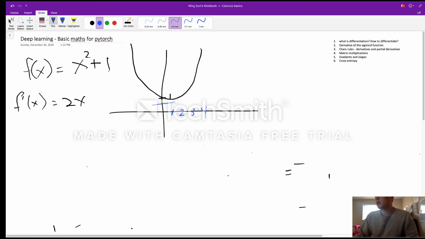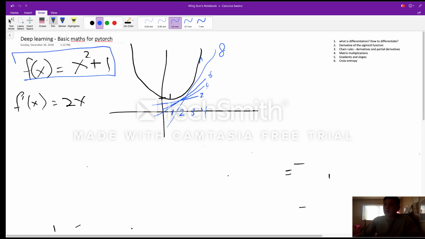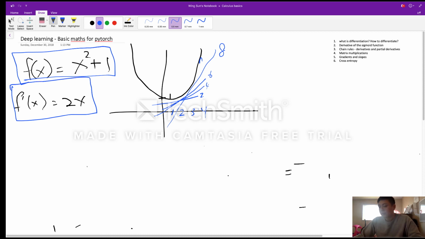So 1 will be 2, 2 will become 4, 3 will become 6, 4 will become 8, right? So basically, whenever you differentiate an equation, you're trying to find out what is the gradient function, right?